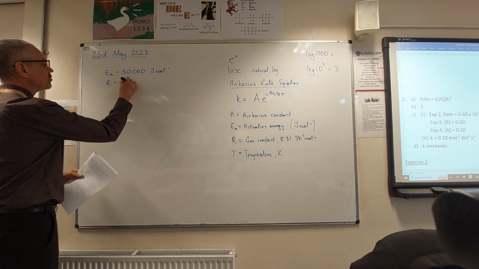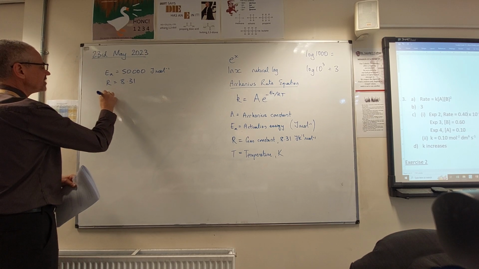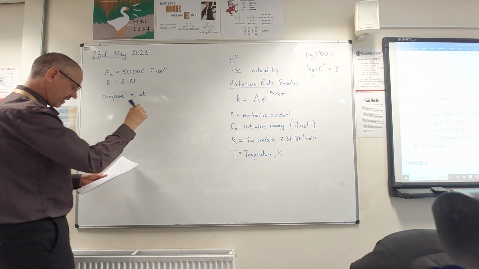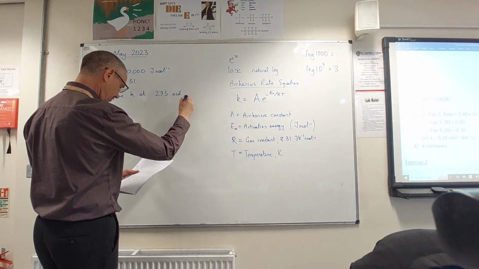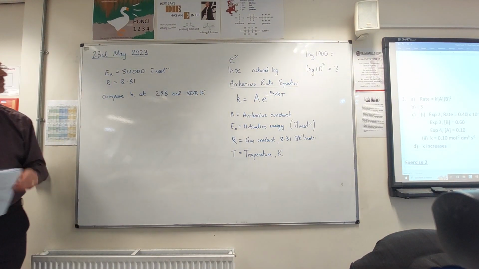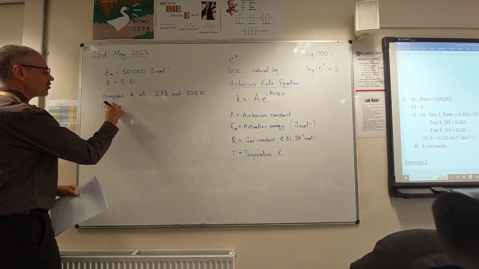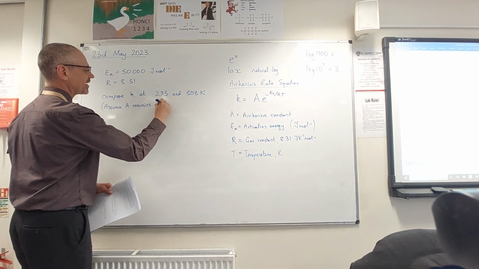We know R is 8.31. And what I'm going to do is compare the value of K at 293 and 303 Kelvin. Assume A remains the same, so we can ignore A. It's a constant, so let's assume it remains constant.